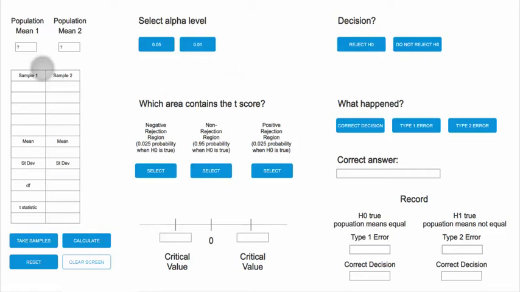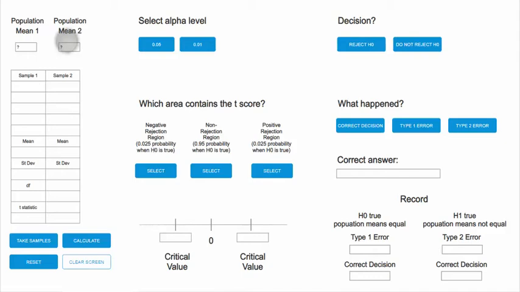So first of all, we have two imaginary populations, population 1 and population 2. These two populations could be anything. They could be two universities, they could be two cities. And what we have up here is the mean age of population 1 and the mean age of population 2. These are two unknown numbers. That's why they're both question marks.